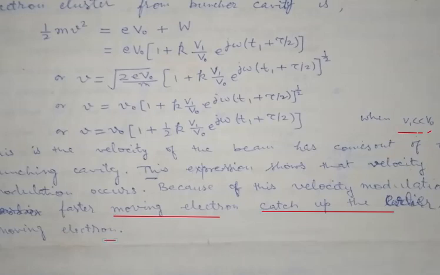So this equation will be used in our further analysis, which we will discuss in the next lecture, and in that we will show the second process, which is called the bunching process. Thank you.